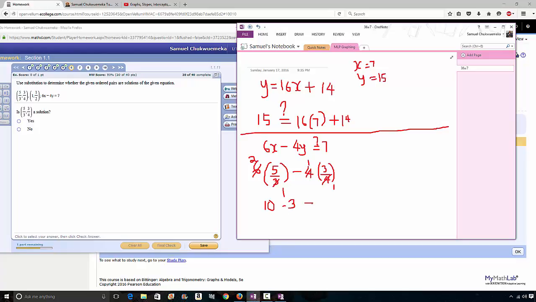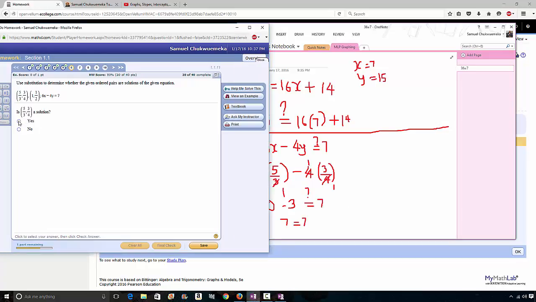So 10 minus 3, will it be 7? Yes, 7 is equal to 7. And that gives you your yes. Then you want to also try this one.